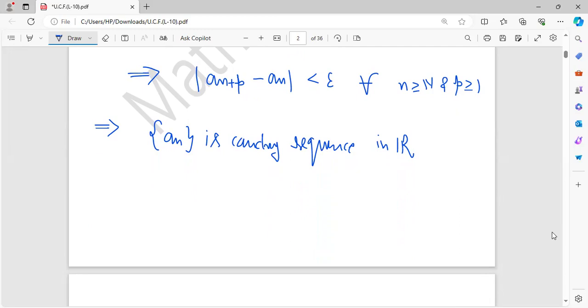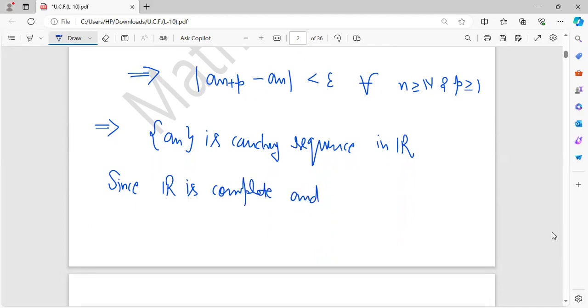It means a_n is a Cauchy sequence, and a Cauchy sequence is always convergent since R is complete.